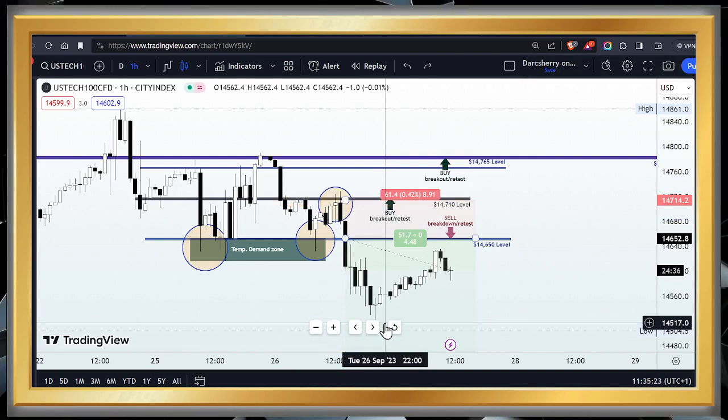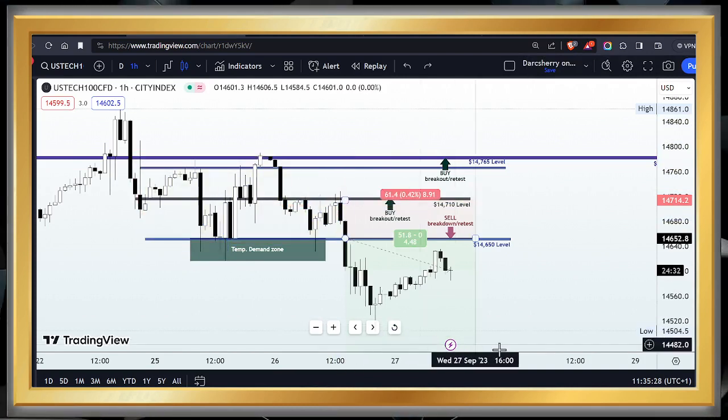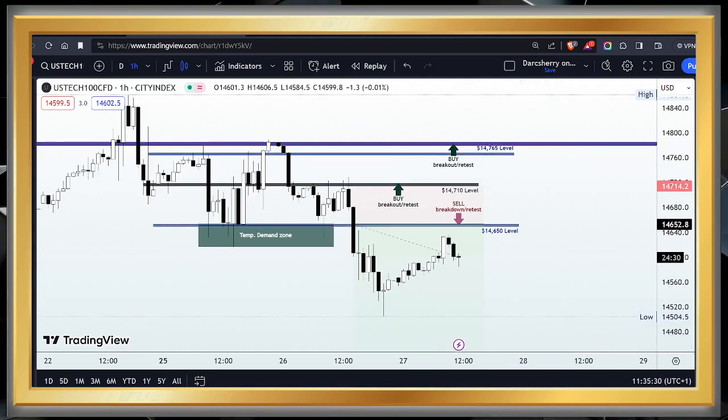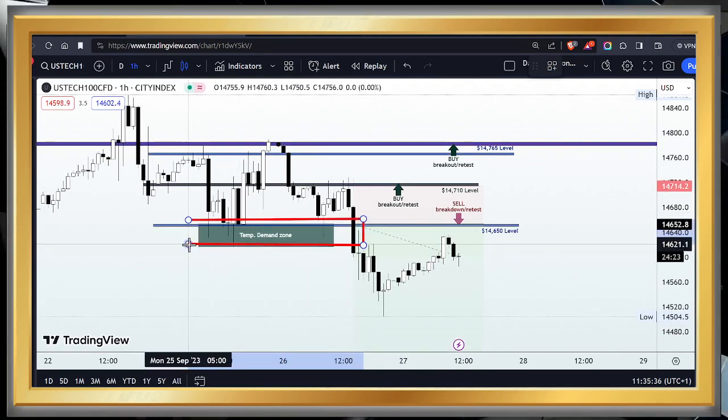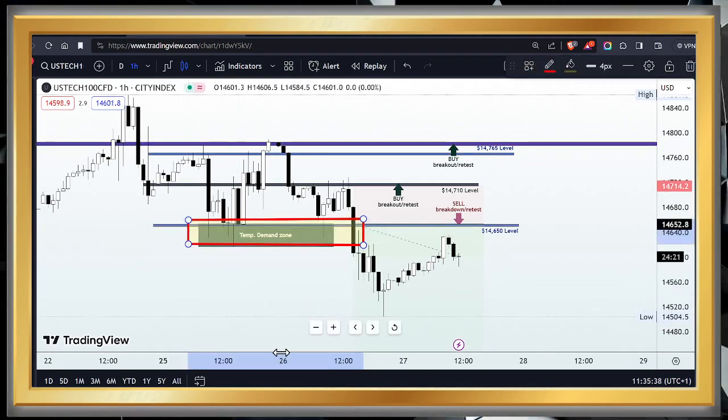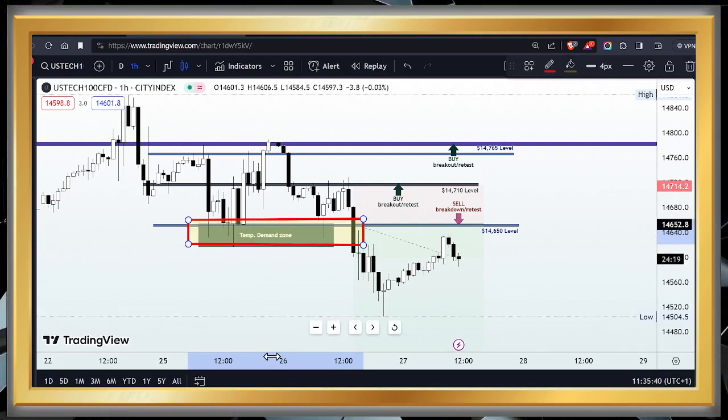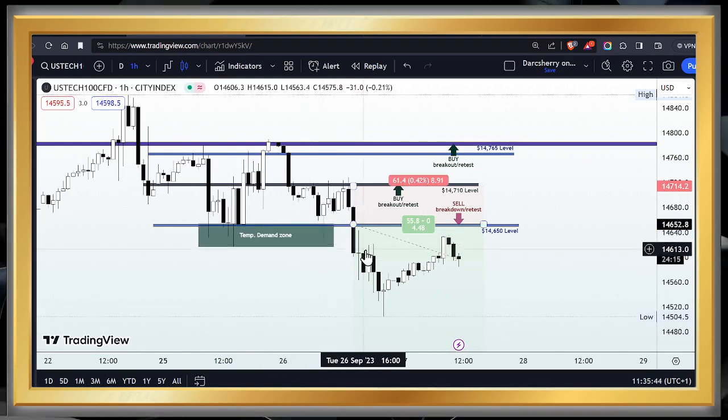And one of the things we said yesterday is that if this does not happen and price continues to drop, then we will need price to take out all the buy positions around the 14,650 to give us confirmation that sellers are likely going to be pushing price to the downside. And of course, we saw what happened here.